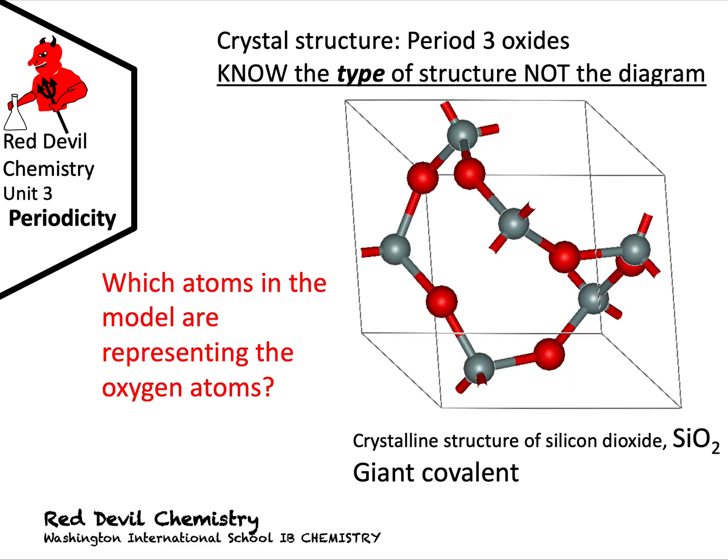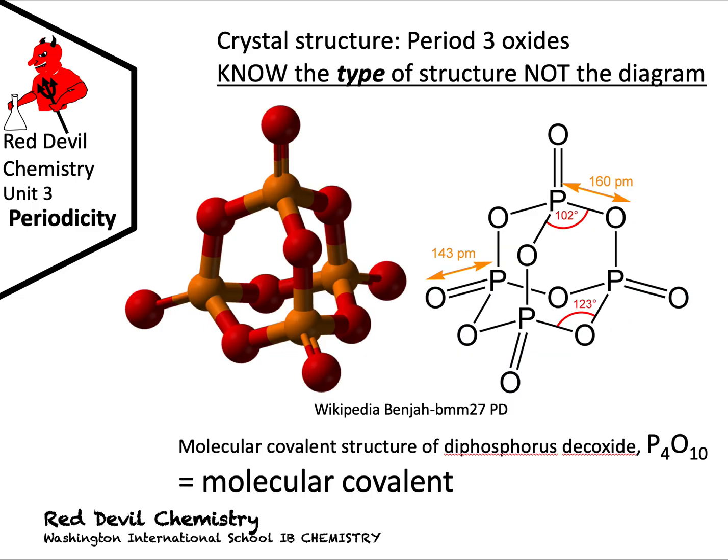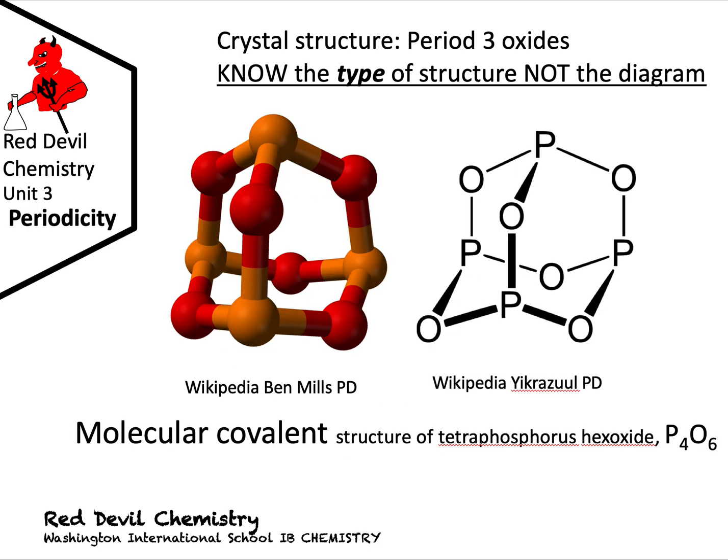And then we go on to silicon dioxide, a giant covalent, and you're just getting a sort of single unit cell look at them. And then we've got a molecule, nothing giant, no lattice, and we've got tetraphosphorus decaoxide, or diphosphorus pentoxide, it's sometimes given, dividing it by 2.